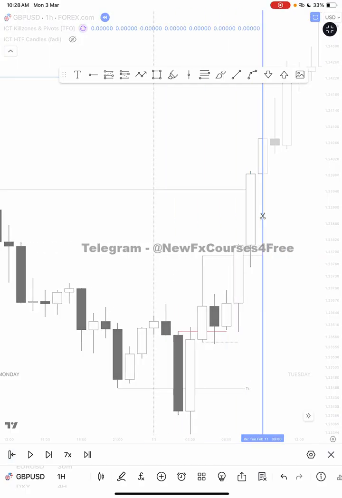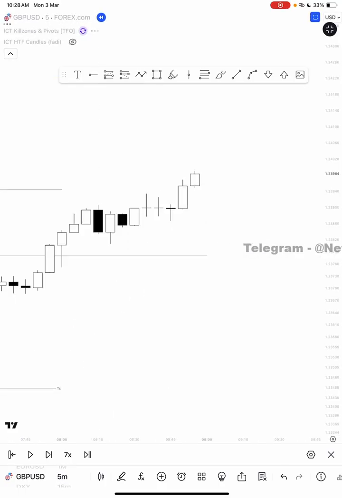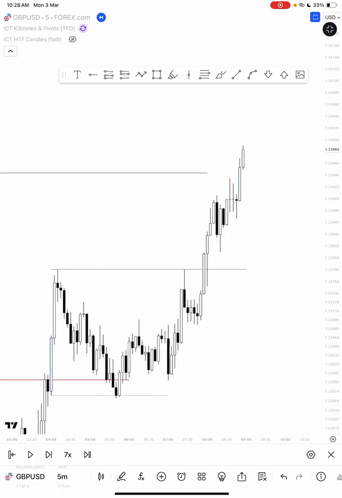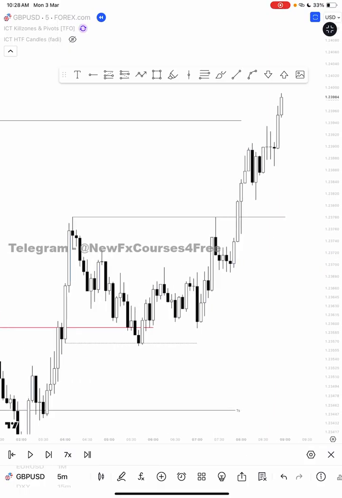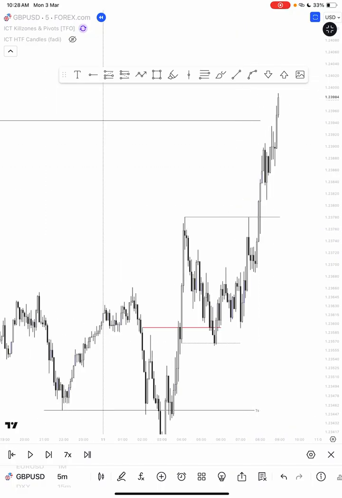Let's go to the lower time frame. So remember, from the 1 hour time frame, you go to the 5 minute time frame. So here there was a retracement on this high, a quick reaction, retracement into this, then before expanding higher.